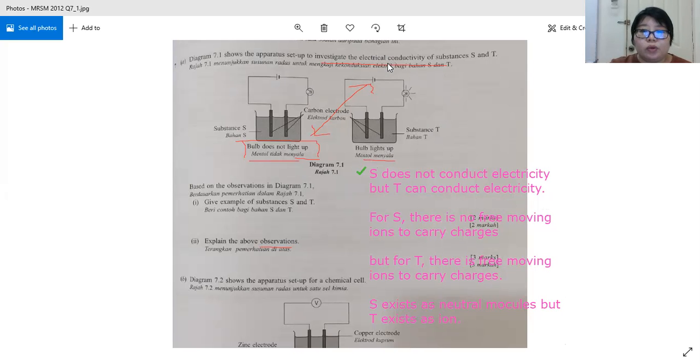Now next, we are going to explain why S does not conduct electricity. No free moving ions for S, but for T, there is free moving ions. If you want to tell further, you can say S exists as neutral molecules, but T exists as ions. Okay, so you can always put the S here, the last point above here, no problem. But as long as all these are there, okay, so this is your answer for part A, 1 and 2.